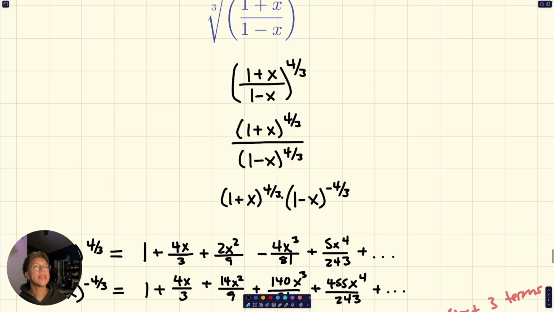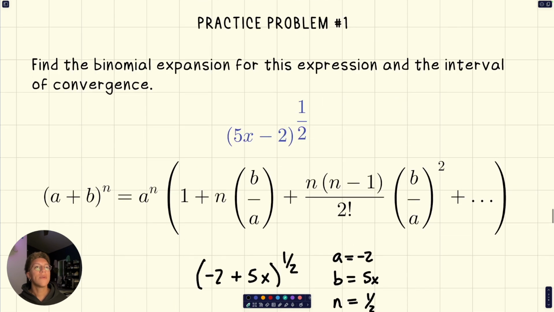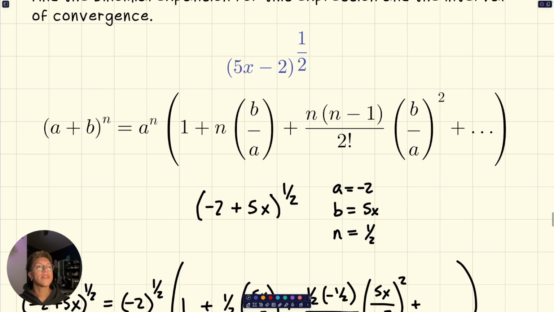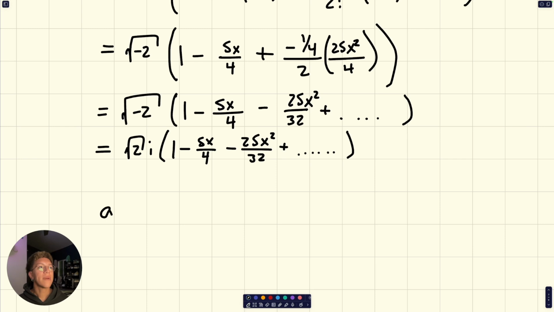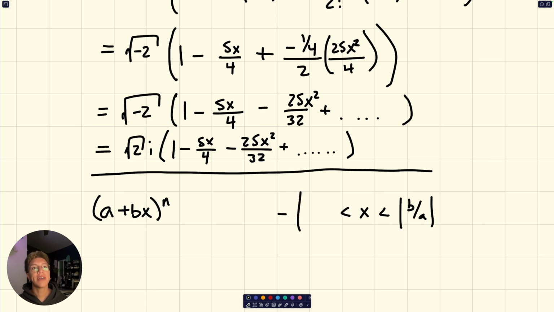All right, so this is the expansion part of both of our practice problems, and now we want to ask the question, what about our interval of convergence? So we saw above that to find our interval of convergence, where we have an expression a plus bx to the n power, our interval of convergence is going to be given by x is less than the absolute value of b over a and greater than the negative absolute value of b over a.